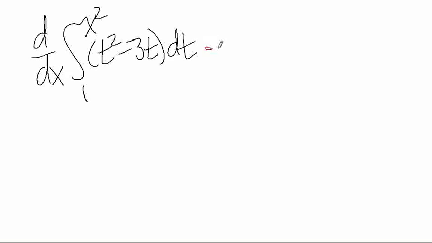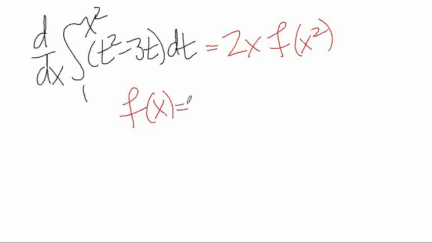So using the pattern that I was just discussing, you should get that this is equal to 2x times f of x squared, where f of x is equal to x squared minus 3x.